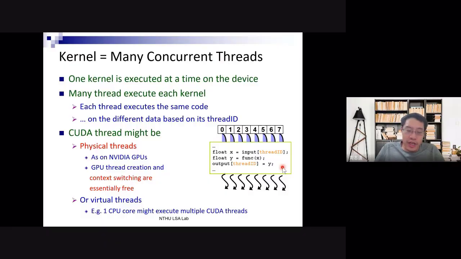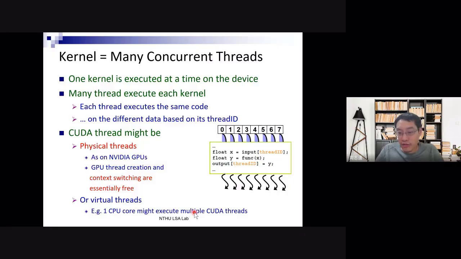The threads on a GPU are actually a little bit different from the threads on a CPU in terms of how they are executed and interact on the hardware. As you should know from your operating system course, if a thread needs a context switch, you need to store or load the registers to memory, which is quite slow, because you have to access memory to do the context switch.